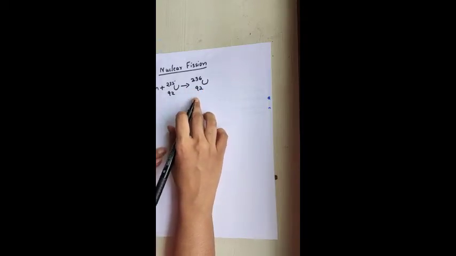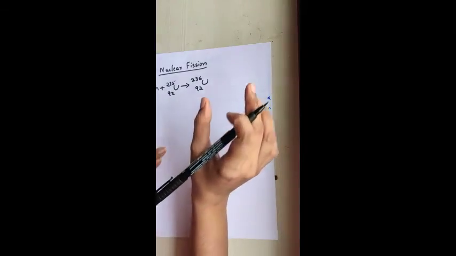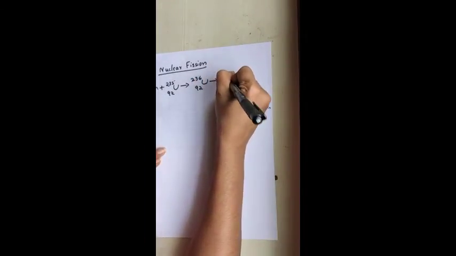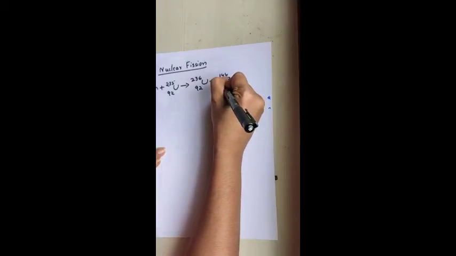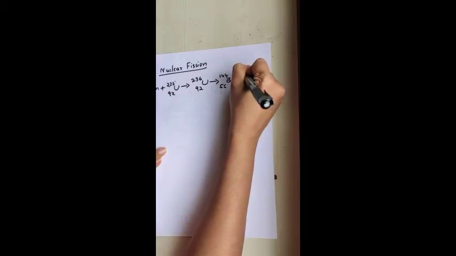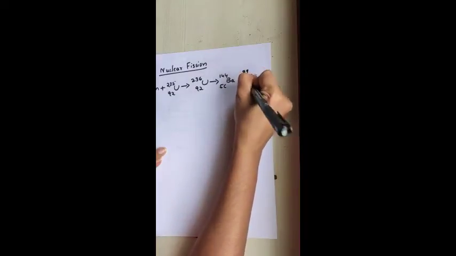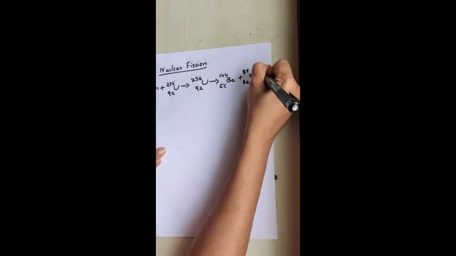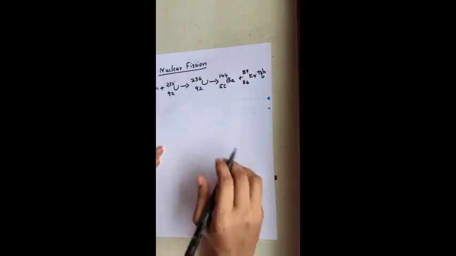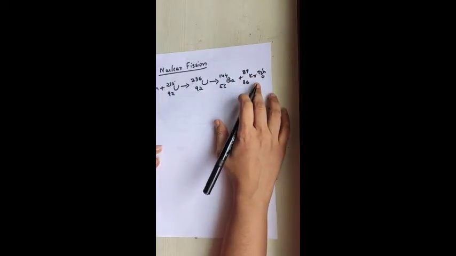Now this uranium-236 is further highly unstable. Therefore, it undergoes fission to give two stable nuclei: barium-144 (56) plus krypton-89 (36) plus 3 neutrons, which are released in order to balance the reaction. Not necessarily barium and krypton.